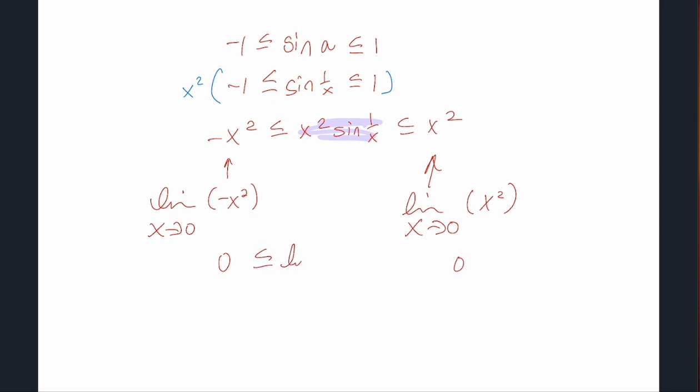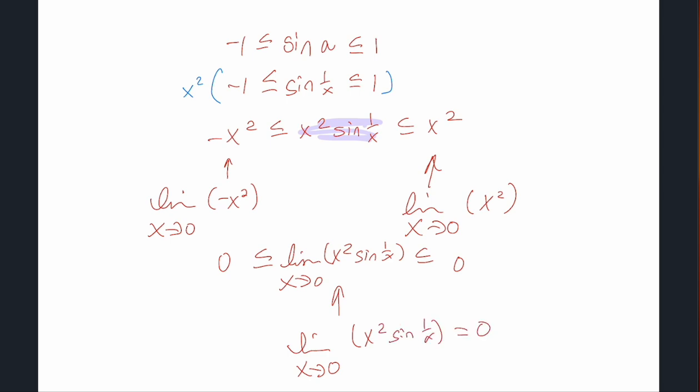So that's telling us that the limit as x approaches 0 of x squared sine of 1 over x, since it's between 0 and 0, what's the only number that's between 0 and also between 0 and 0? 0. So we know that that has to equal 0.